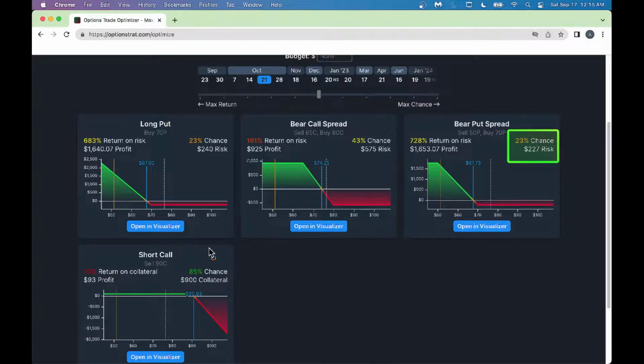And you could do a short call. Short call, you got to be careful here. There is a nice 85% chance of making money here, but you got to be careful. If you do a short call, I suggest don't keep it for a long time. When the market tanks, you can just buy it back in, say, a week's time, so that way you can take advantage of volatility.